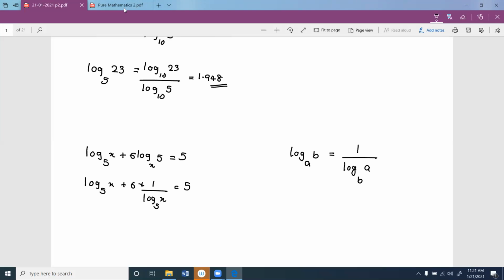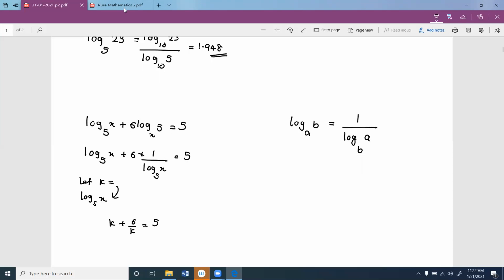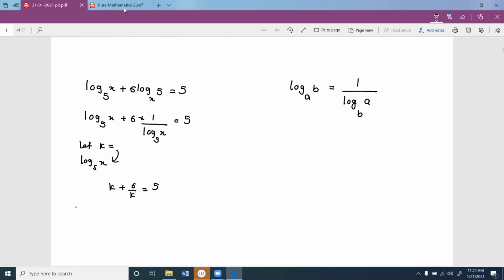For convenience of calculation, let log 5x be k. Then it's easy for me to simplify. So you can say k plus 6 over k equals 5. Then multiply everything by k.